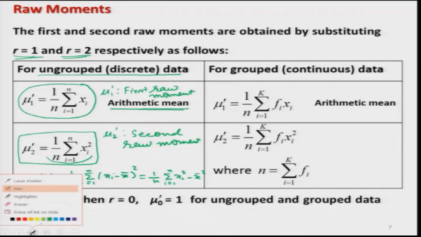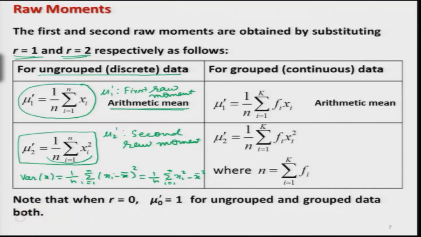You can see that the first term is nothing but your second raw moment, and x bar is simply the first raw moment. This gives you an idea of why these raw moments are needed.